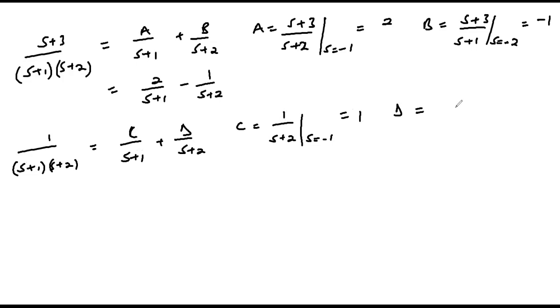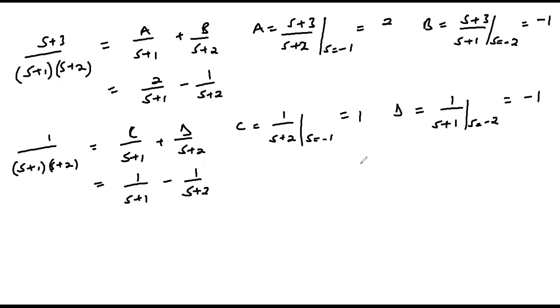And our D will be 1 over (s plus 1) when s is negative 2, which gives us negative 1. Therefore, this can be written as 1 over (s plus 1) minus 1 over (s plus 2).